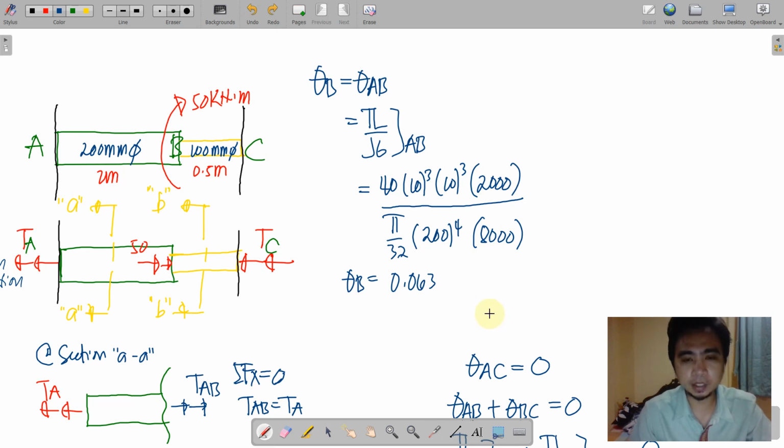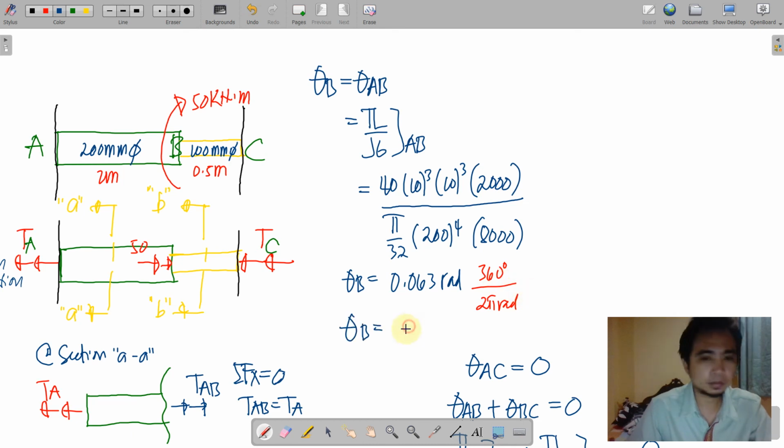And what is the unit again? We have a radians unit. Converting this to degrees, we have 2 pi radians is equal to 360 degrees. Therefore, we have a theta B equivalent to 3.64 degrees. So this is actually the angle of twist at the point of application of the torque.